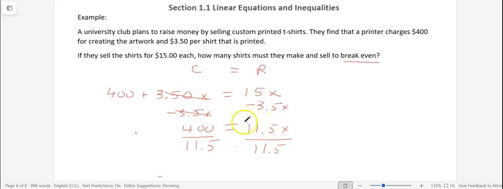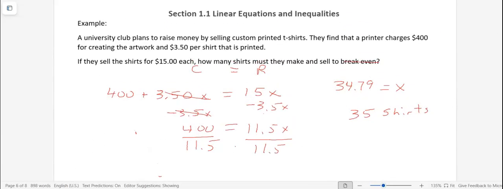So really we're going to make it 34.79. So that's how many shirts they must sell to break even. Since we have to make this a whole number because we can't have part of a shirt, we will say they need to sell 35 shirts. Let's just write down 35 shirts.